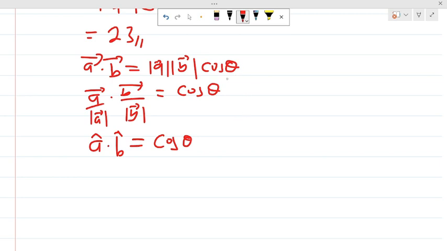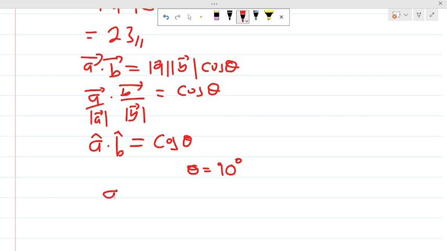Now you can see that, let's say theta is equal to 90 degrees. If theta is equal to 90 degrees, it means the two vectors are what? Orthogonal or perpendicular. If the angle between the two vectors is equal to 90, it means the two vectors are perpendicular.